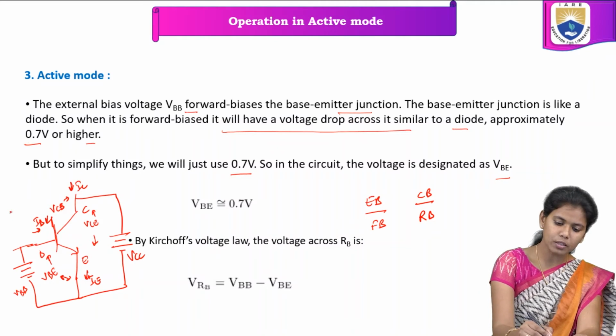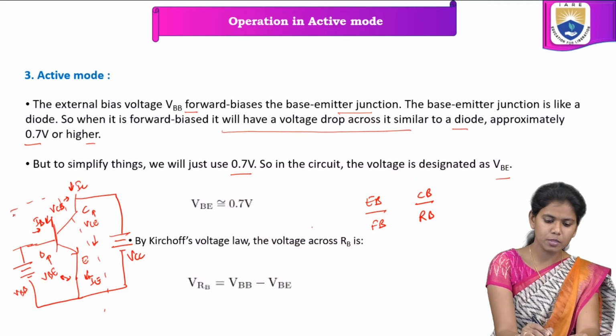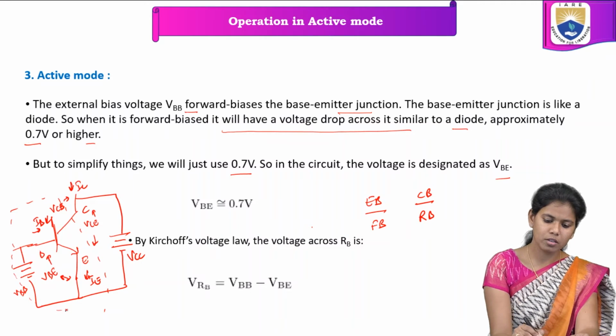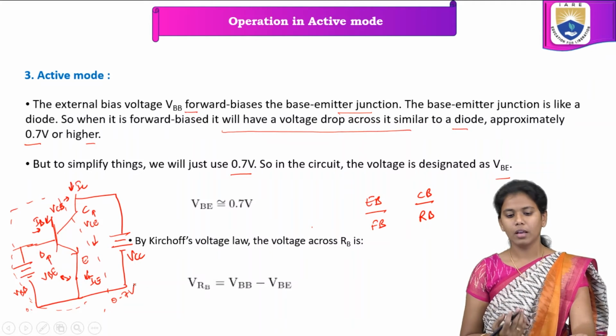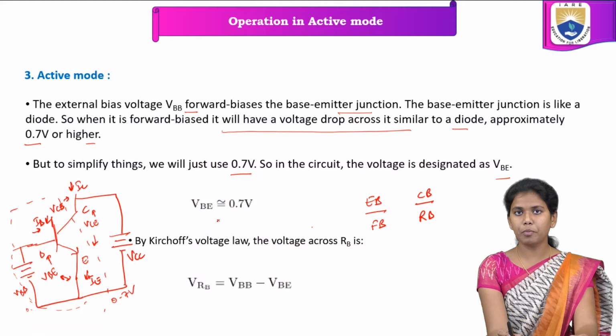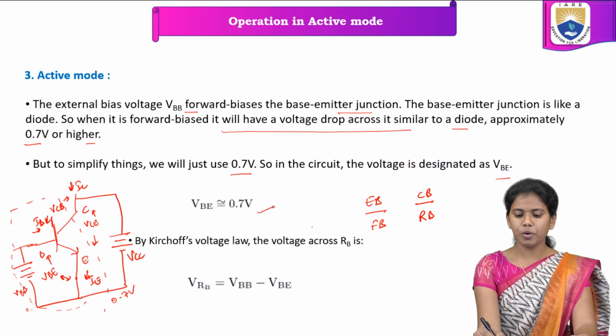So in this particular junction we are talking about, the drop would be 0.7 volts, or it may be higher. So VBE is approximately equal to 0.7 volts.